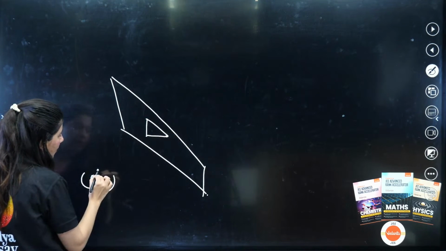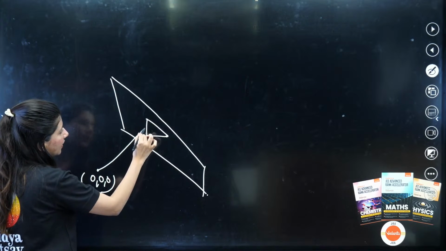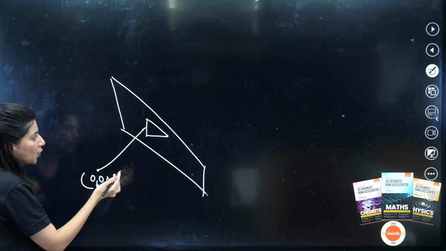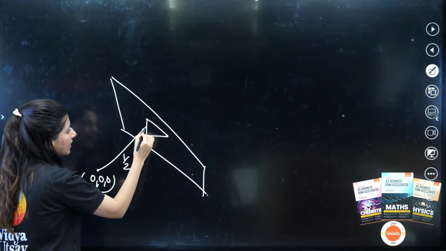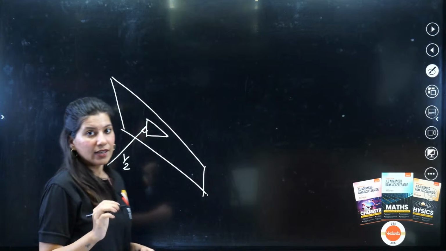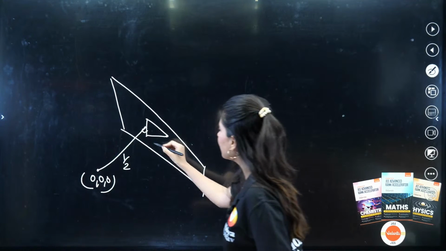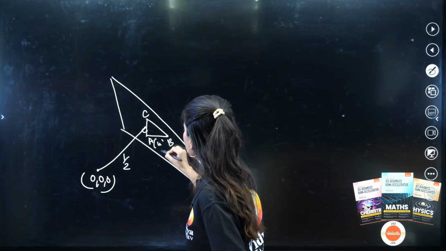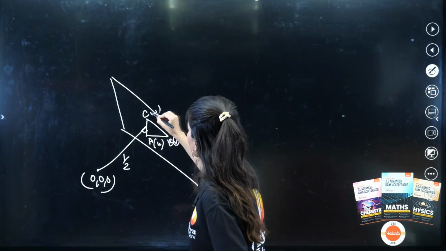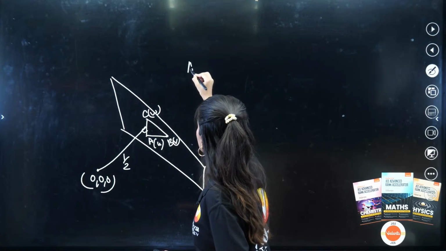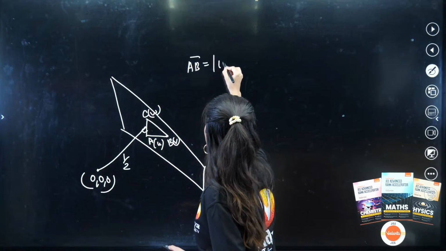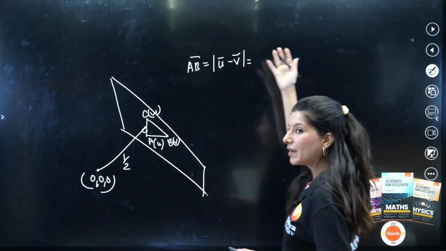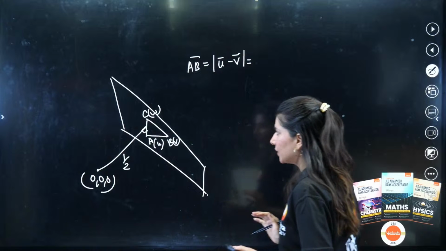If I drop a perpendicular from the origin to this plane, the distance is going to be half. This is A, B, C, and U vector, V vector, W vector. Also the AB length is equal to U minus V, which is V minus W; AB, BC, CA are all equal.